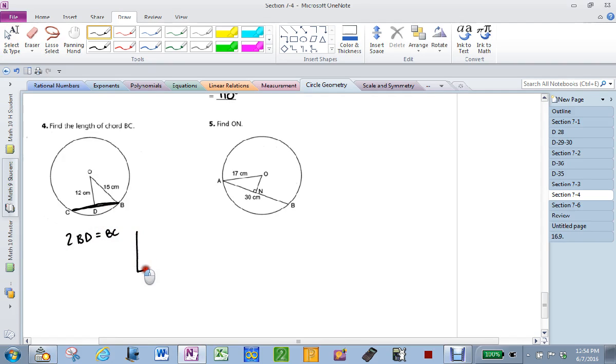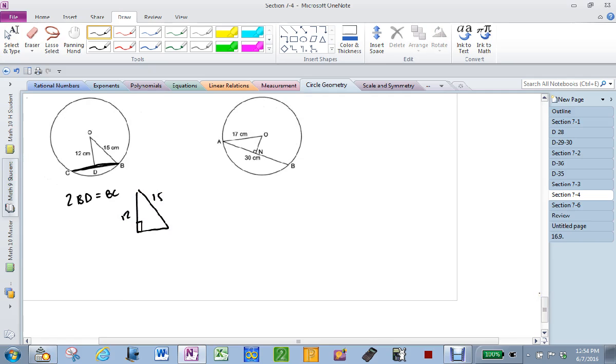And I know that BD is 15 and 12 with a 90-degreer. Am I finding a distance? And is that distance in a right angle triangle? So that means we use who? Pythagoras. I have the hypotenuse, so is it plusy or minusy?